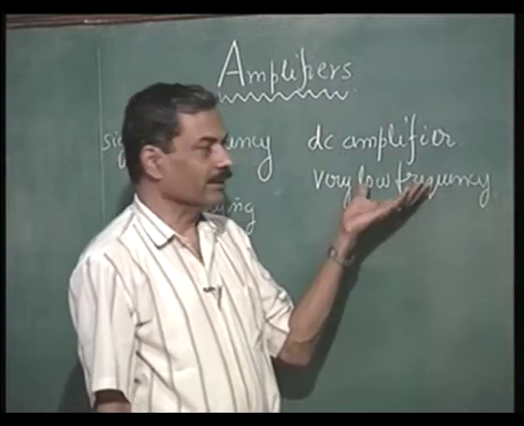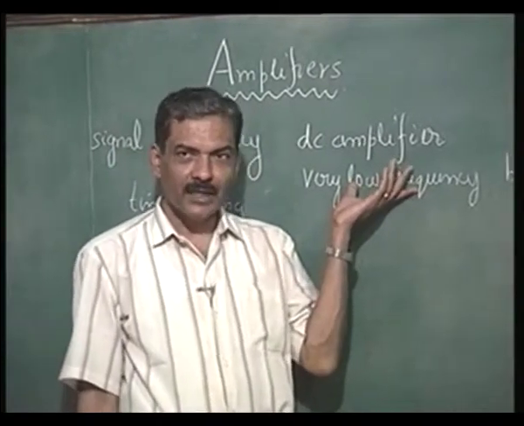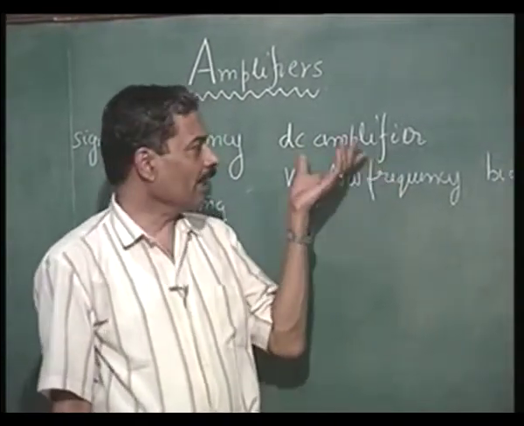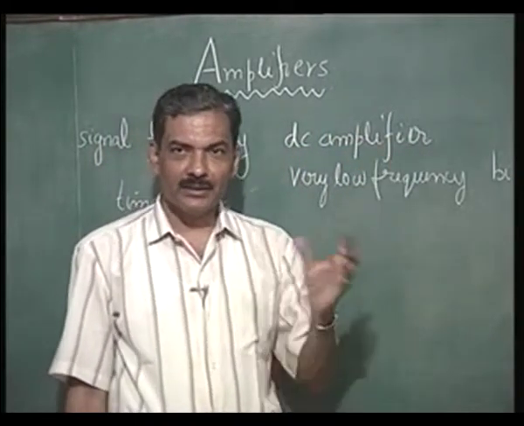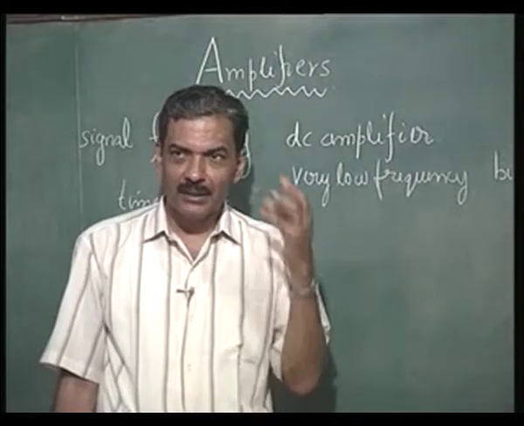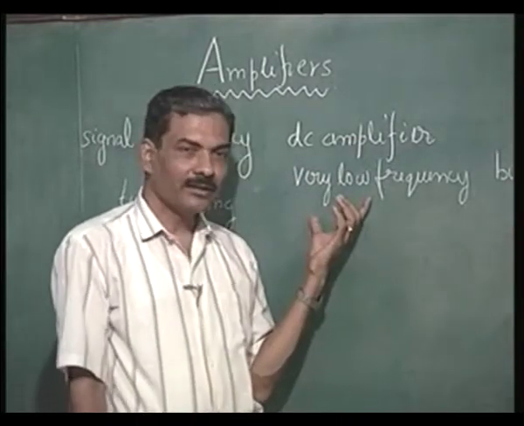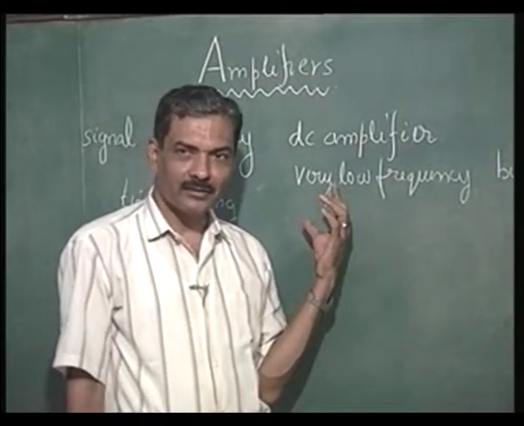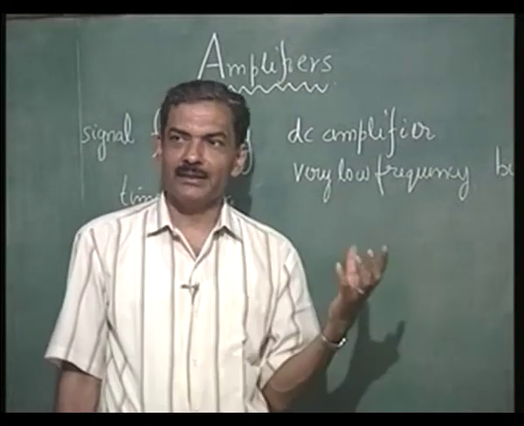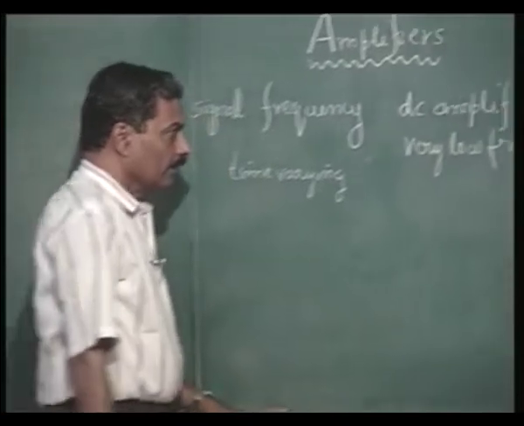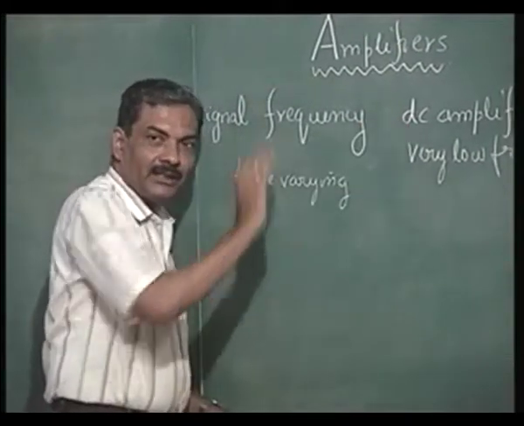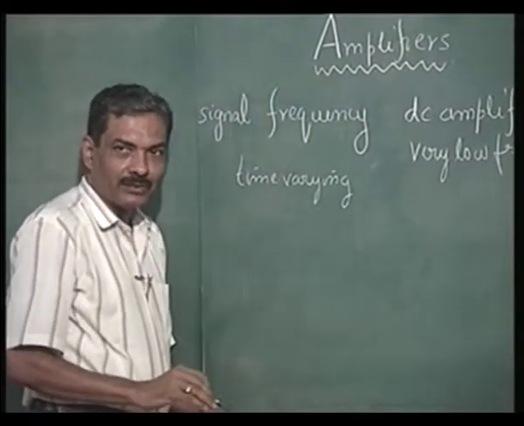So such signals, if they have to be amplified, must be amplified by what is called a DC amplifier. DC means zero frequency, but actually in our application it always means low frequency. Please remember this. So low that it is almost equal to 0, we can say.